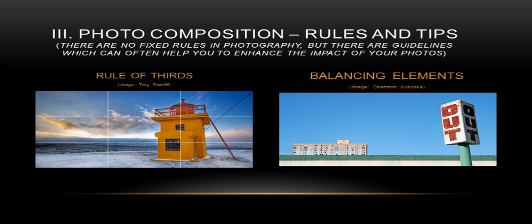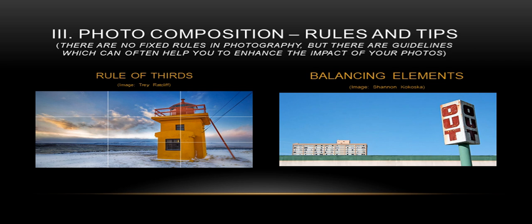Doing so will add balance and interest to your photo. Some cameras even offer an option to superimpose a rule of thirds grid over the LCD screen, making it even easier to use. Notice how the building and horizon are aligned along the rule of thirds line.